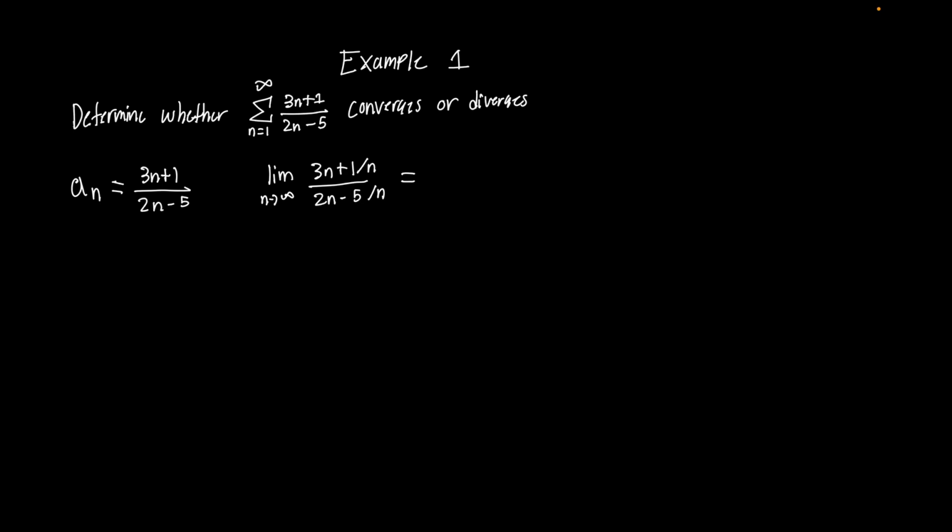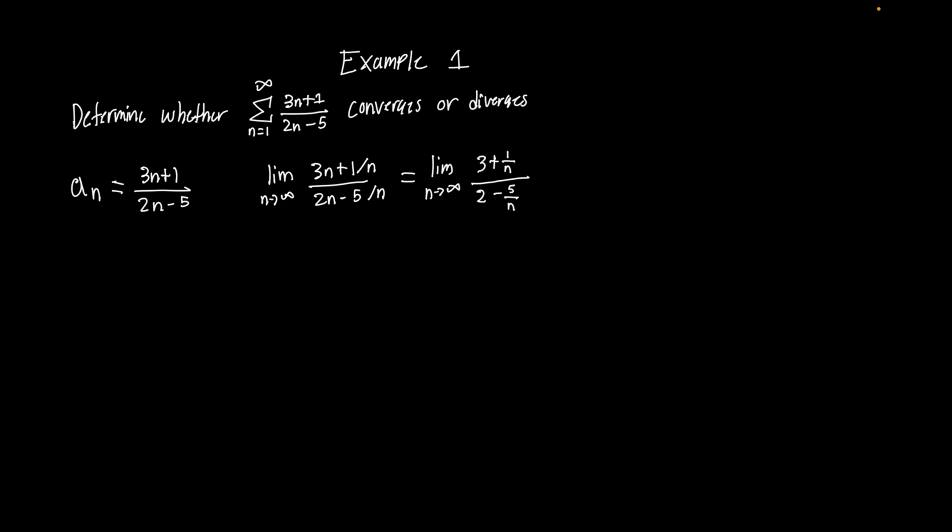So it's going to be the limit as n approaches infinity of: remember, 3n divided by n is just 3. 1 divided by n is just 1 over n. Now we do the same thing for the bottom. 2n divided by n is just 2. And, whoops, that's a minus, sorry. 5 divided by n is just 5 over n. So this is what you should get.